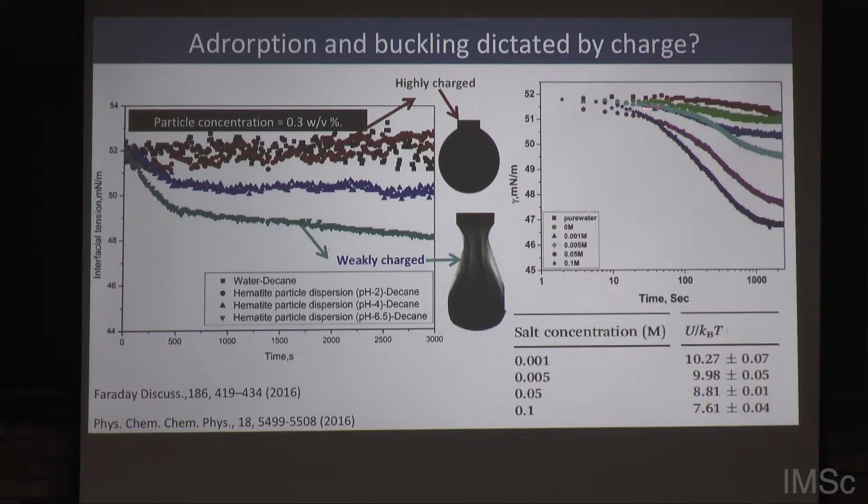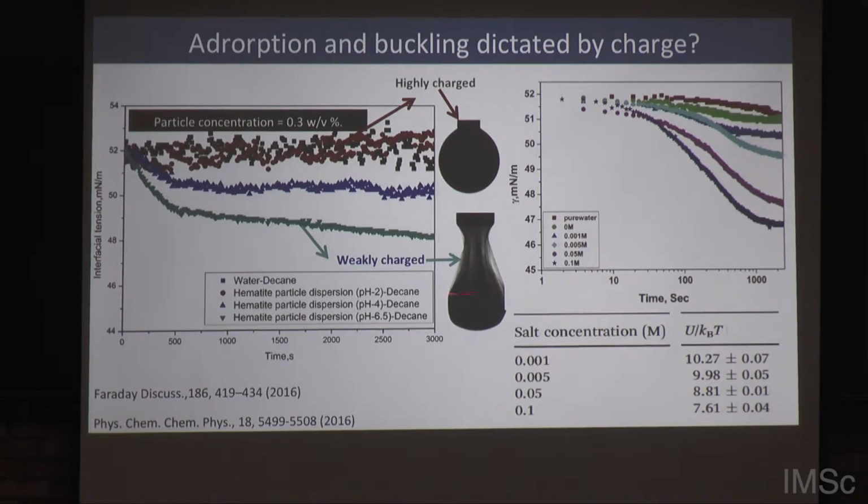We see a similar surface tension versus time behavior: in the pure fluid case, the surface tension more or less remains constant. That's on a log scale. If I go on adding more and more salt, I am reducing the repulsion, and there is a larger drop in the surface tension. That means more and more particles go to the interface as you reduce the surface charge.